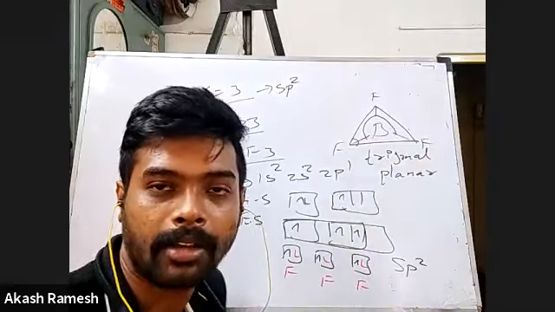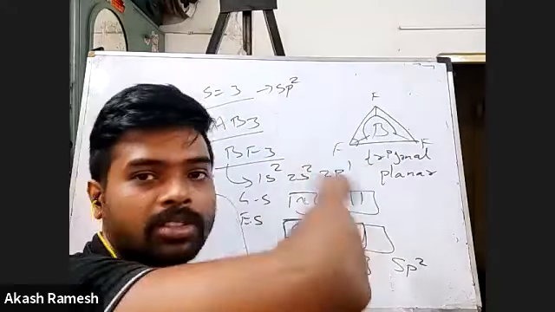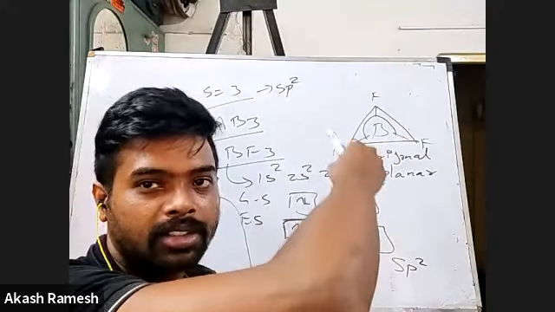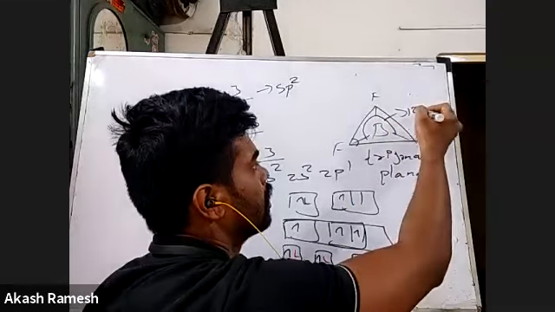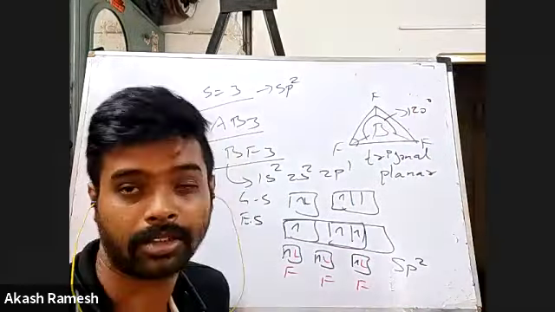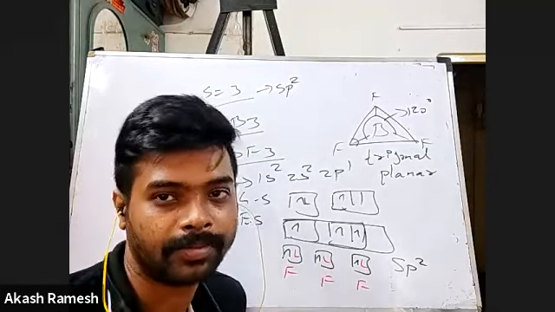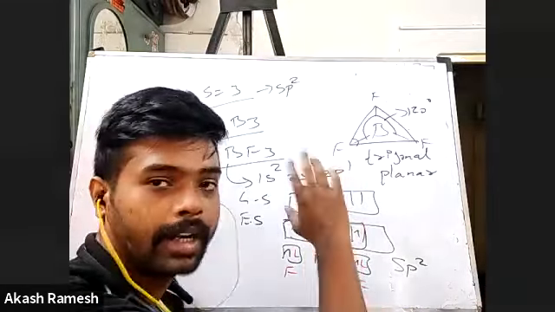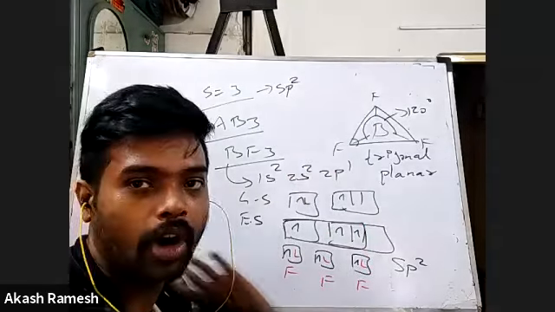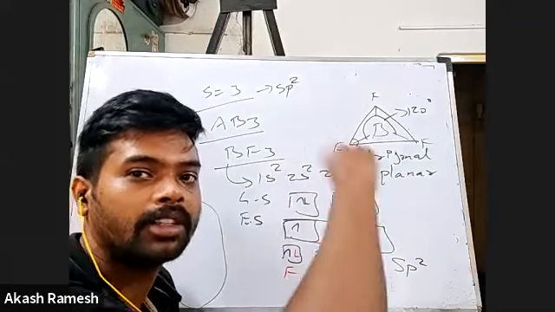Tell me what will be that angle? 120. Yes, very simple, right? Around the point, totally 360 divided by 3. So obviously here the bond angle is 120 degrees. Remember, for an AB3 type of molecule, at the end of all this we'll make a very big table and fill in all these entries there.